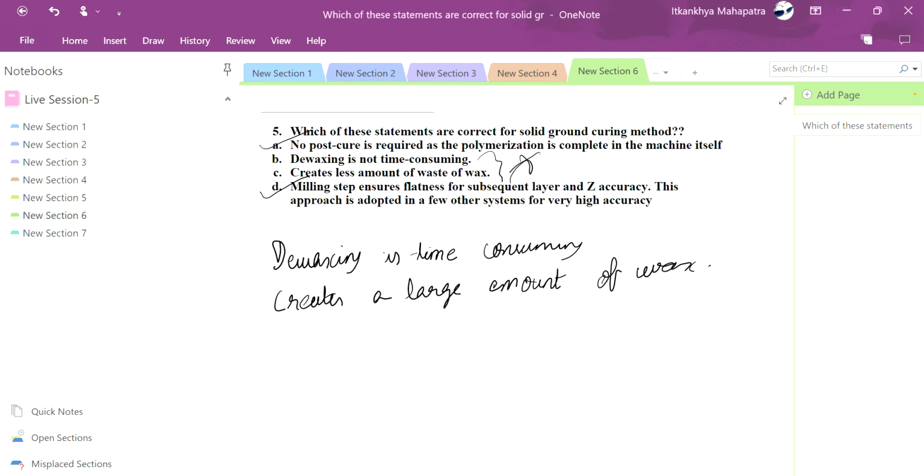Also, this solid ground curing method has two cycles and many subsystems like masking, polymer spreading, polymer cleaning, wax spreading, wax cooling, and so on. So it is less reliable, and this requires full-time operator attention. These are the disadvantages of SGC, and this is very crucial while selecting any process.